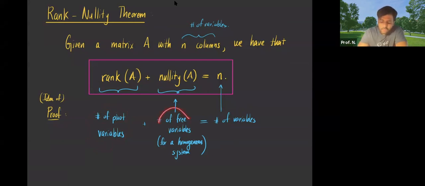And if you add that to the number of free variables, the number of free variables indicates the dimension of the null space. So then it starts to become a bit more involved because now we're dealing with spaces, the row space and the null space. I don't know if you start to see that yet.